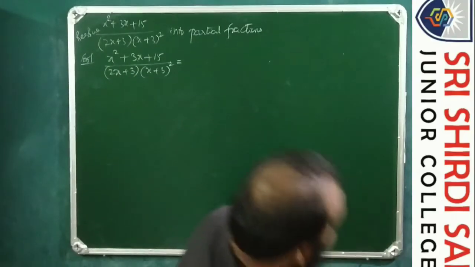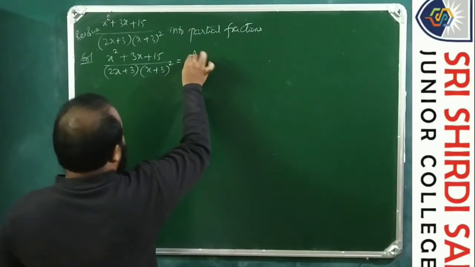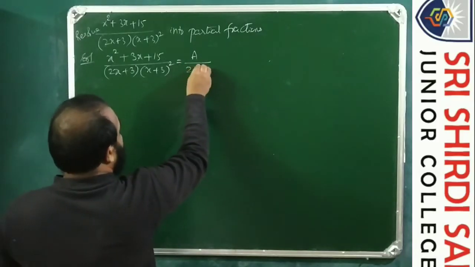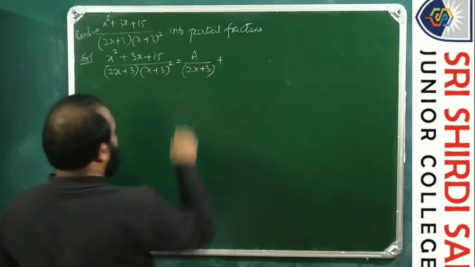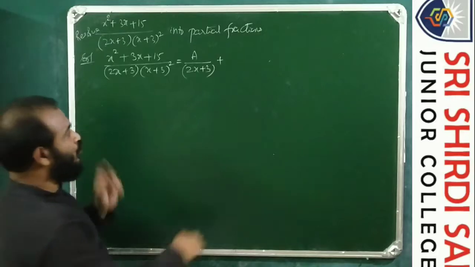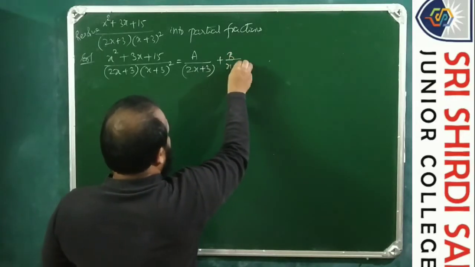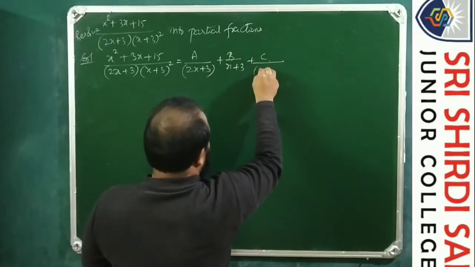So in this way we will get A by 2x plus 3. So this is the repeated, so type 2, B by x plus 3 plus C by x plus 3 whole square.